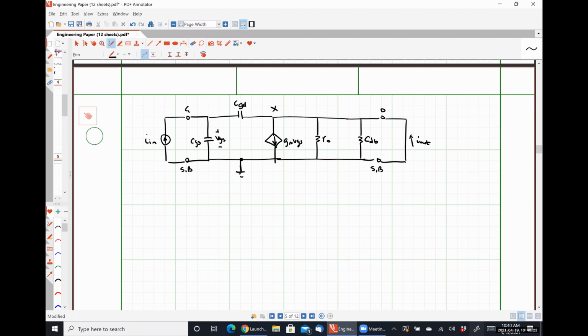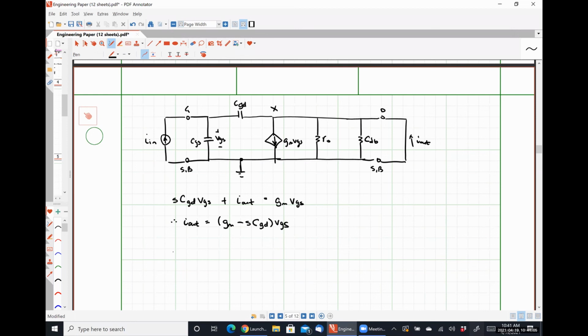Applying KCL at node X, just like we did for our BJT, gives us s CGD times VGS. That's the current flowing from the input to node X, plus I out, that's the current flowing in from the right, is equal to gm VGS, which we can rewrite as I out is equal to gm minus s CGD, VGS.